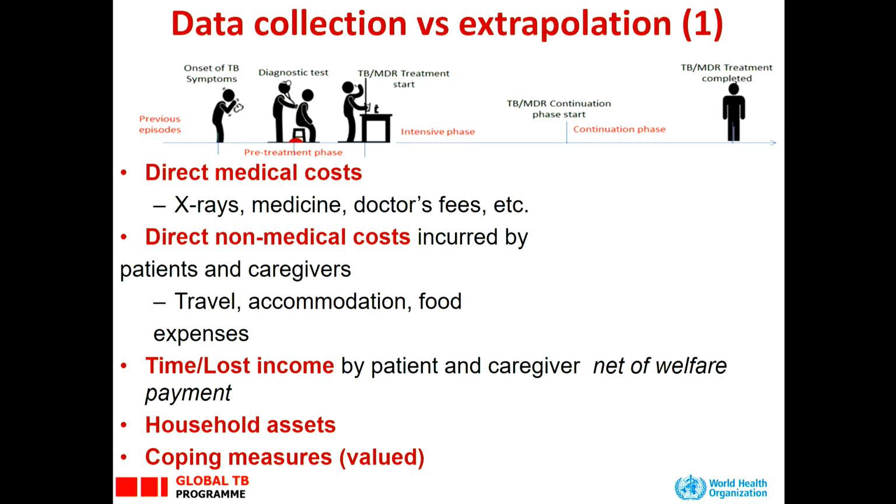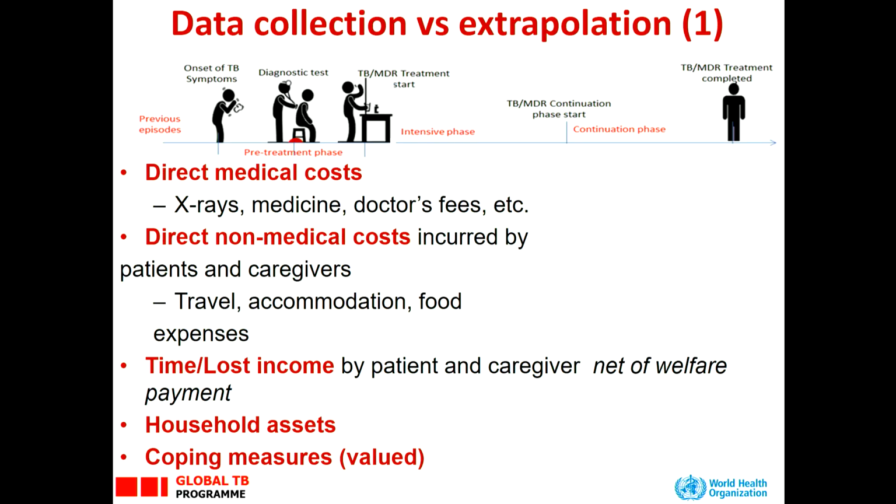I'm just going to explain what costs are collected, which part is collected and which part is extrapolated. So we are collecting direct medical costs such as x-rays, medicines, doctors' fees, tests for adverse events, drugs to treat adverse events, and so on. What we call direct non-medical cost refers to travel, accommodation, and food expenses, and this is not only for the patient, but also for the caregiver. We also collect information on the time loss and on the lost income.